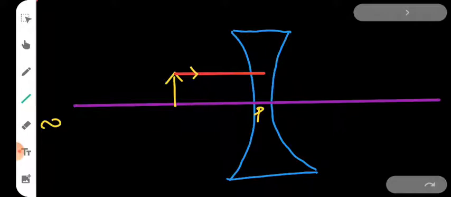Since this is a diverging lens, you have a divergent ray. Let me just redraw it correctly. So you have your divergent ray like that. How does it diverge? It diverges as if it appears to be coming from the focus.